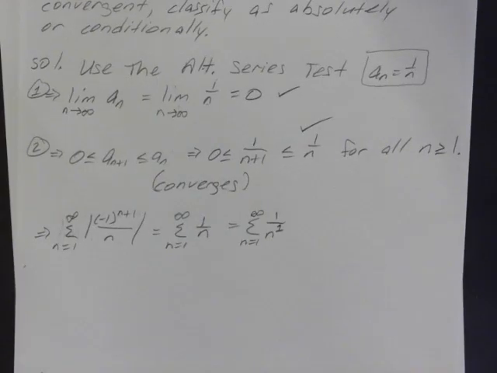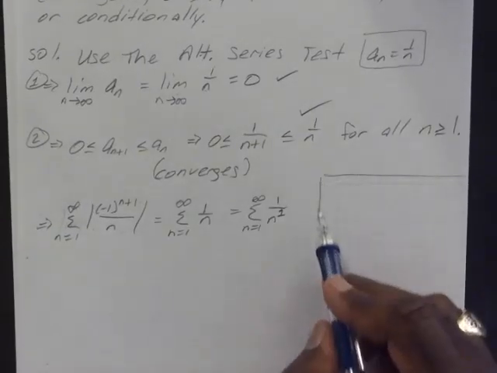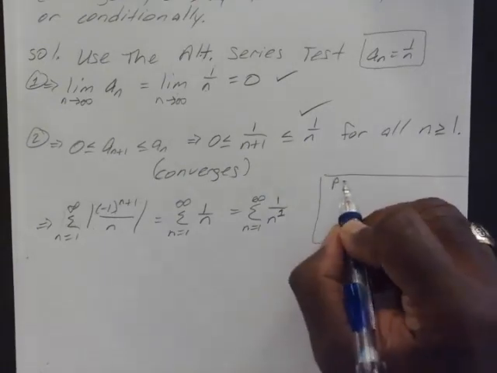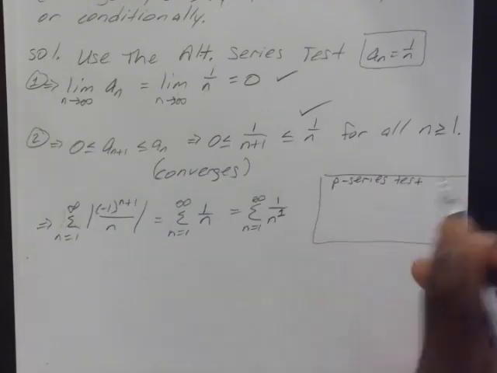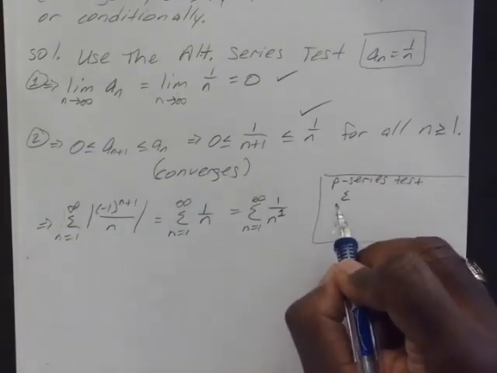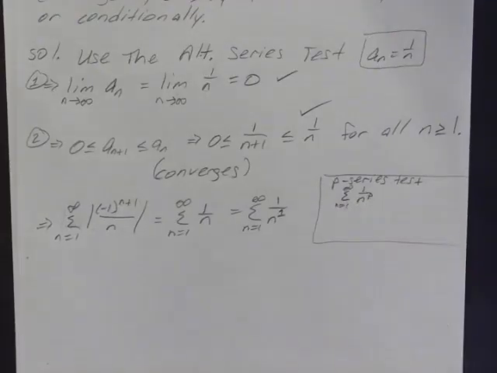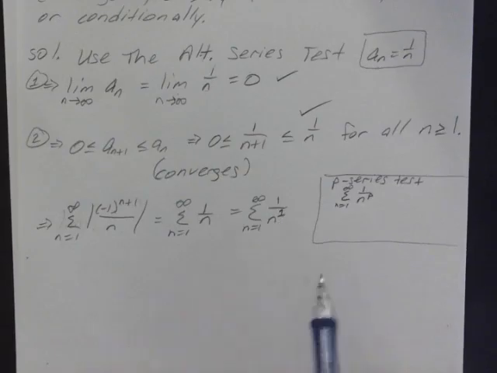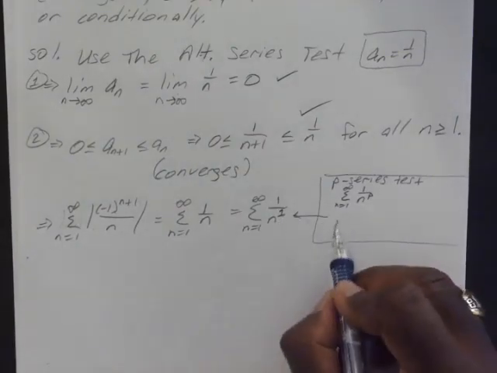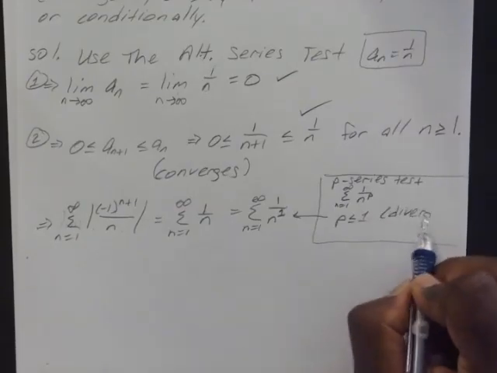And from there, we can just use the p-series test. Remember, that's just the sum from n equals 1 to infinity of 1 over n to the power of p. And we can see here that p is less than or equal to 1, and it diverges.